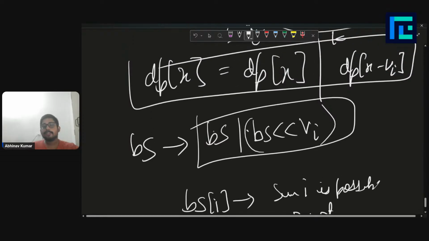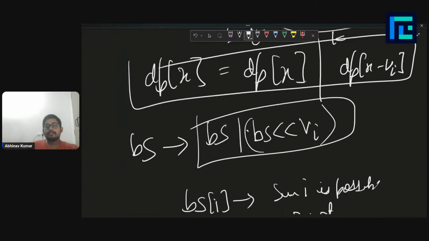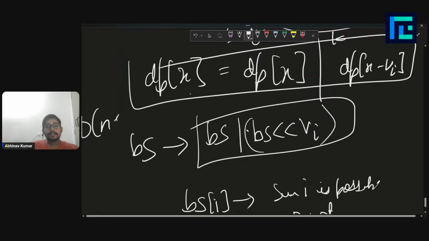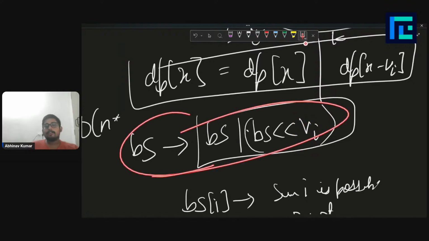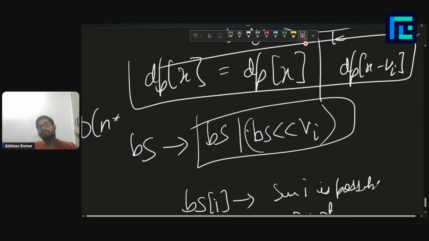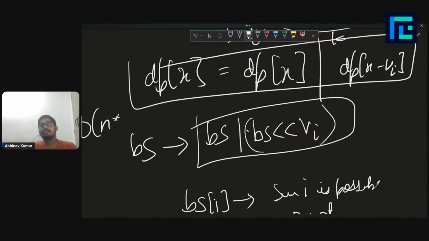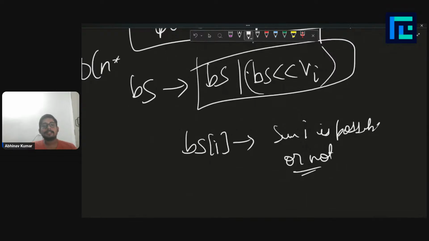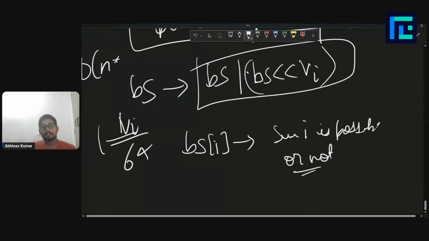Okay, what would be its time complexity? Going through all the indices of the vector would be order of n, multiplied by this OR with left shift by vi. Since you are using a bitset, you can do all these bitwise operations much faster.